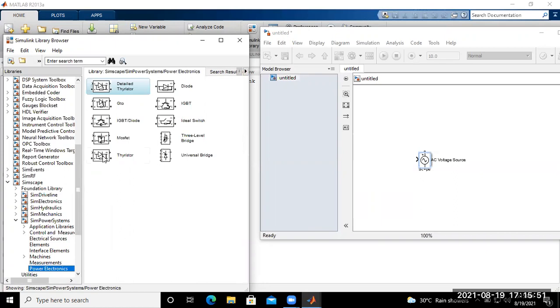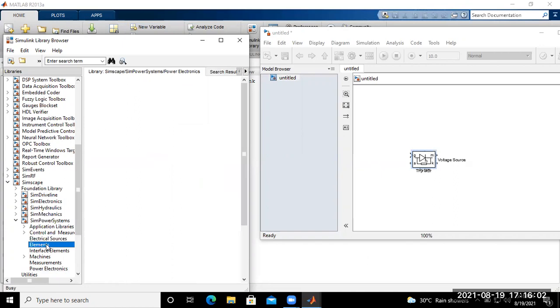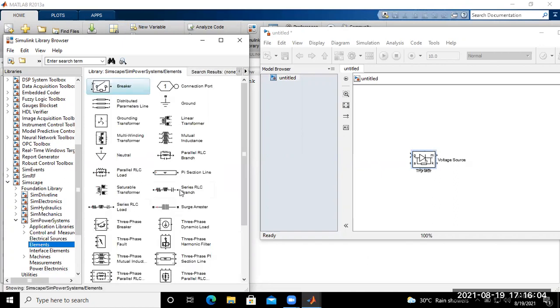Just click on the thyristor and load, pulse generator and power gui.